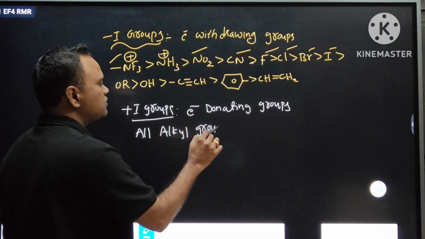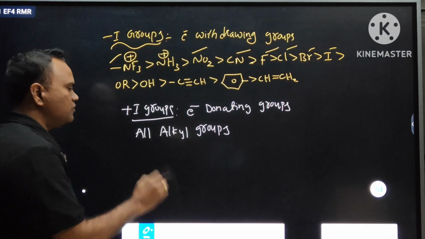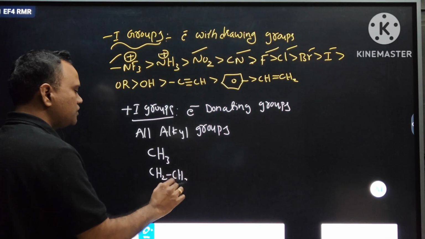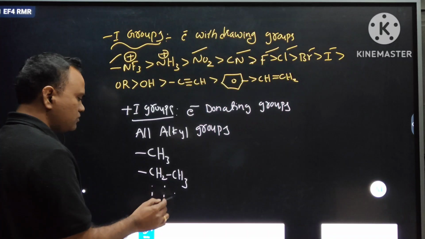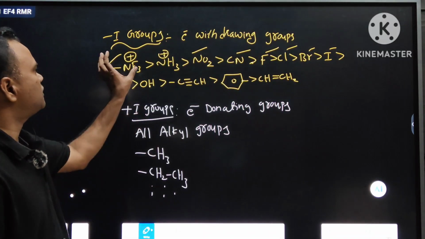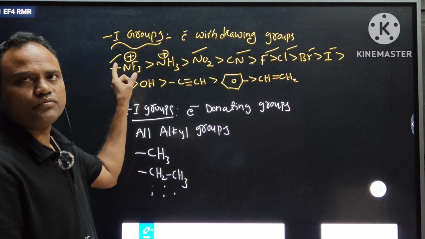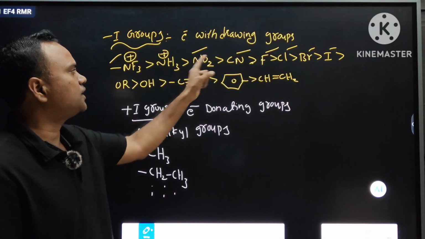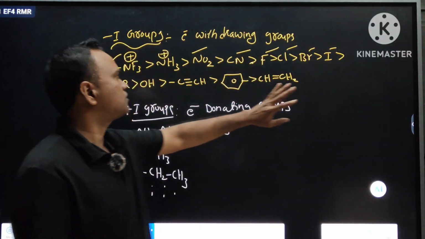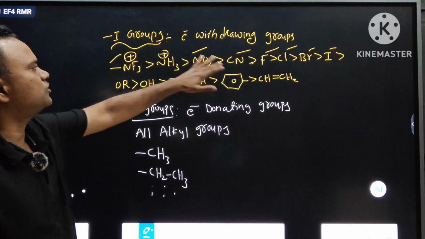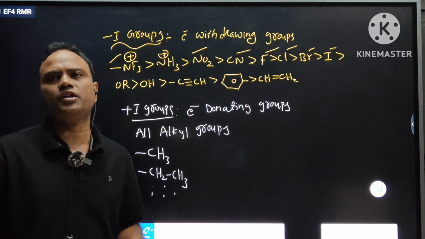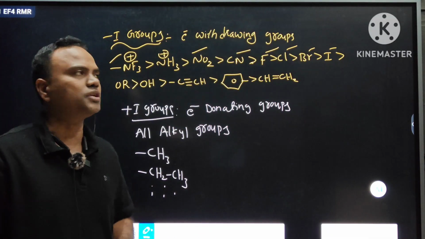All alkyl groups are electron donating groups, like methyl group, and so on. Methyl, ethyl. So learn in the same order: NF3 plus is greater than NO2, greater than cyanide, greater than halogens. Very easy. Halogens come after NF3, NO2, cyanide. Remember like this: NF3, NO2, cyanide. Order also very important.